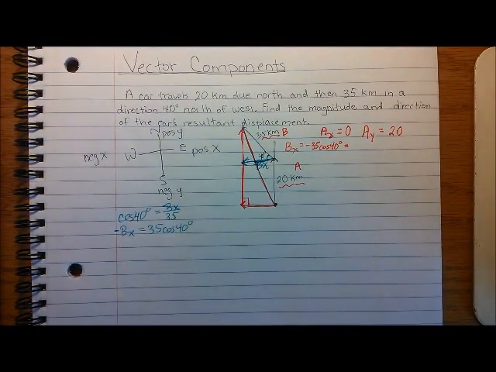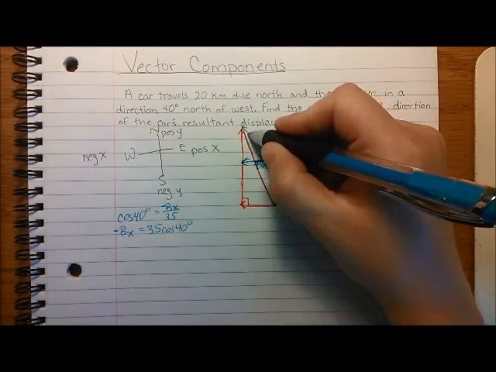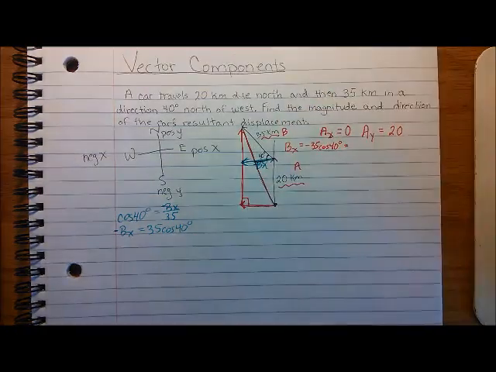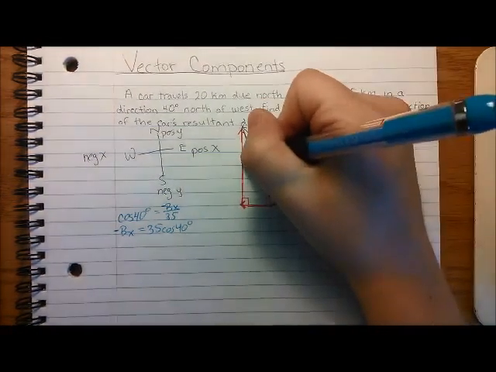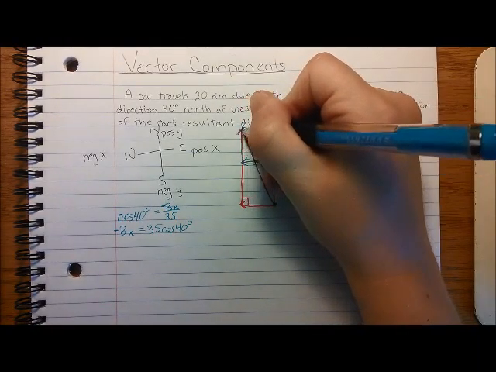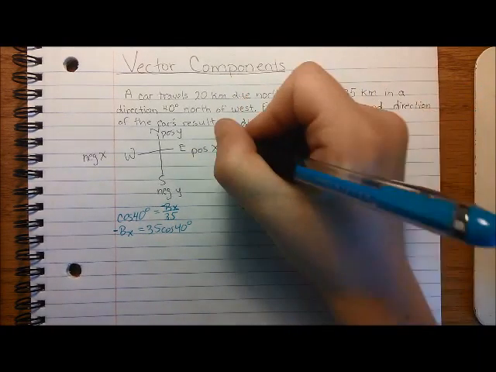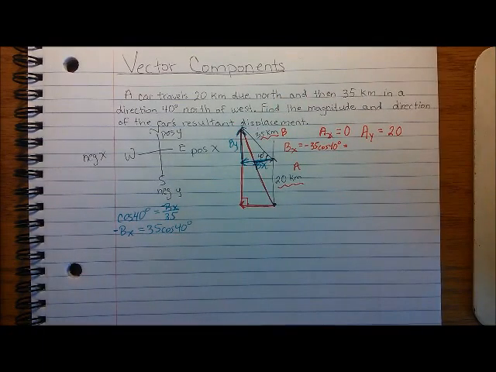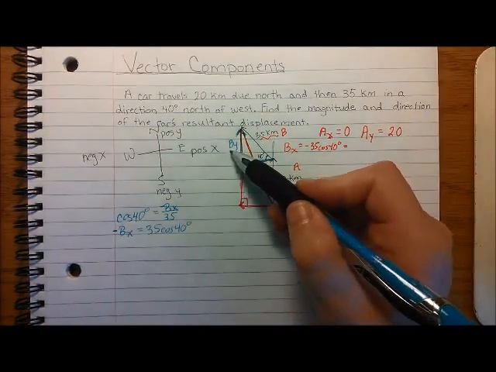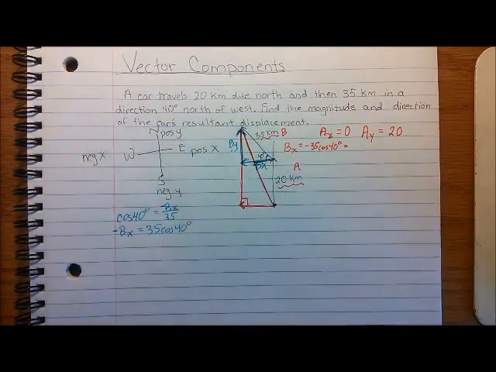All right, let's look at by. Does this vector go off in the y direction at all? And the answer to that is yes. It goes this much in the y direction. So that's by. In this case, we want to use the sine function to solve for by, and the reason for that is that by is opposite and we have our hypotenuse.